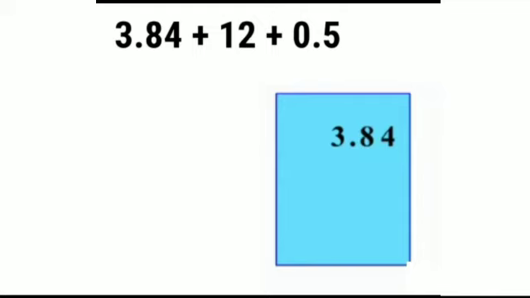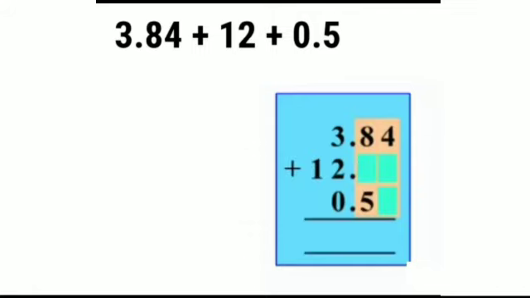Consider 3.84 plus 12 plus 0.5. These are unlike decimals. 12 is a whole number and can be written as 12.00, but the value remains the same.